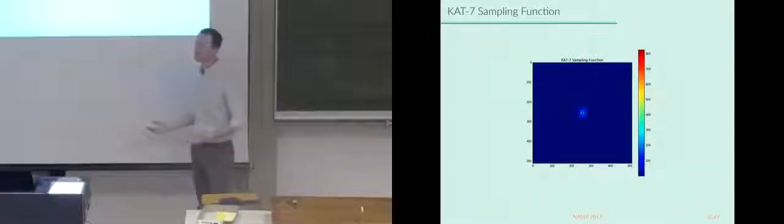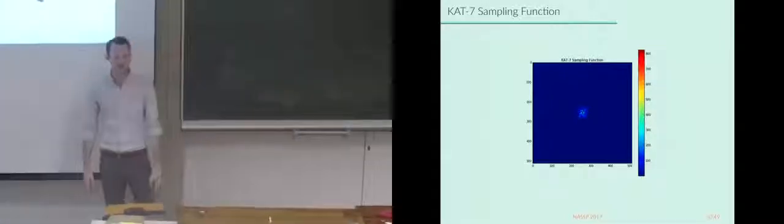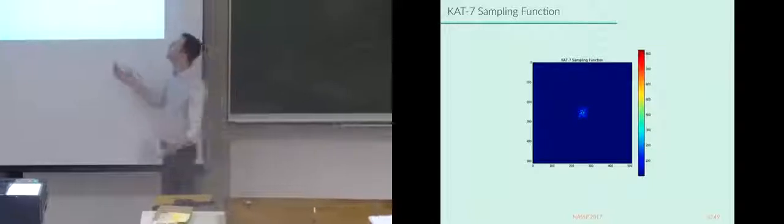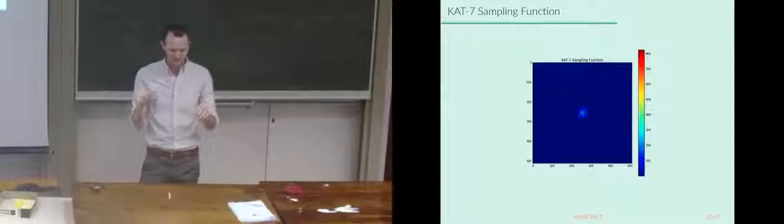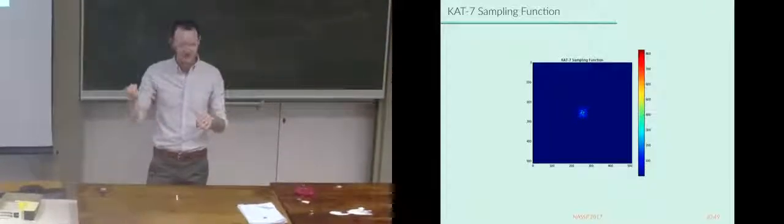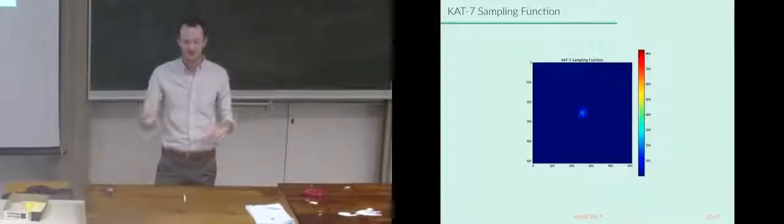Undersampling is kind of fine. You can say, well, I just don't know that spatial frequency, so it's 0. The problem is, what happens if you have a grid? When you think about gridding, each grid cell might have a few samples, maybe some have 1, maybe some have 10, maybe some have 100.